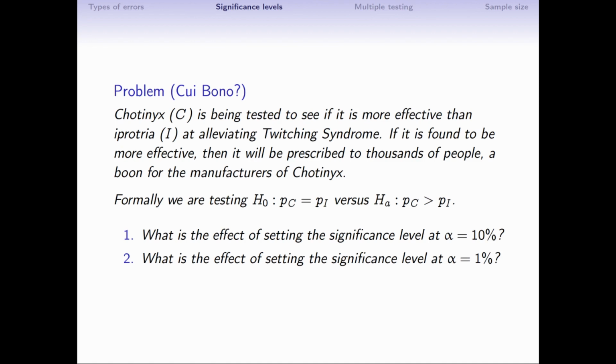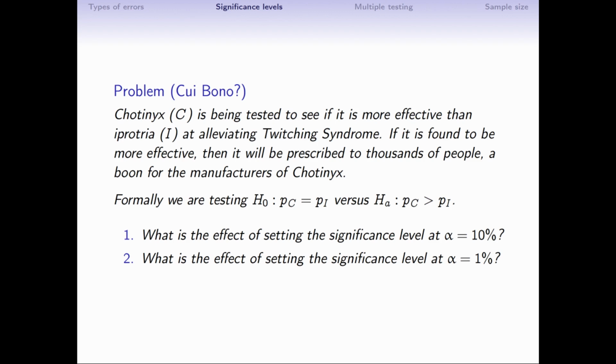Okay, so we're going to set up a little experiment. Let's imagine we've got 400 patients who are suffering from twitching syndrome, and we divide them randomly into two groups. Group 1 receives Chotinix, and Group 2 receives iprotria. And we watch these subjects over a set period of time, and then we calculate the proportion of each group that found relief from twitching syndrome.